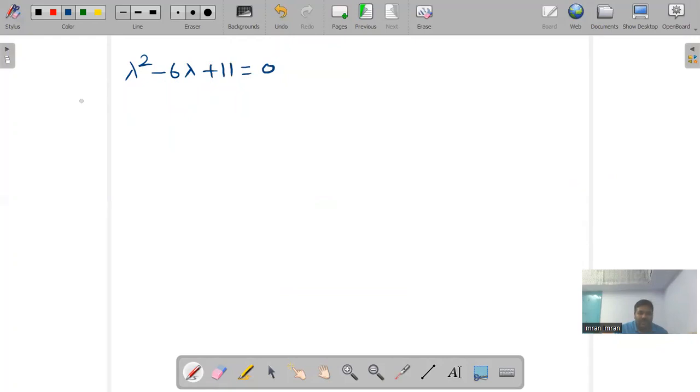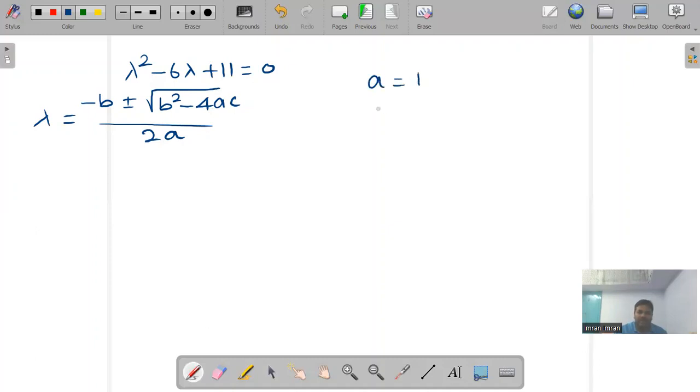By using the second degree quadratic formula, minus b plus or minus square root of b square minus 4ac by 2a, we can compute the characteristic values. Here, the coefficient of lambda square is a equal to 1, the coefficient of lambda is b equal to 6, and the constant is 11.